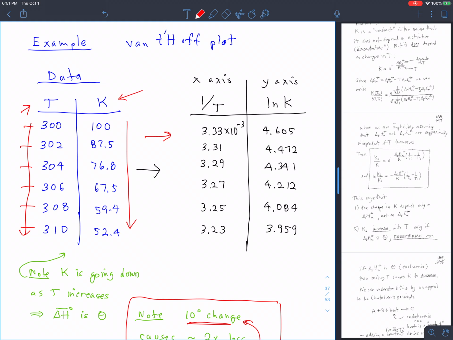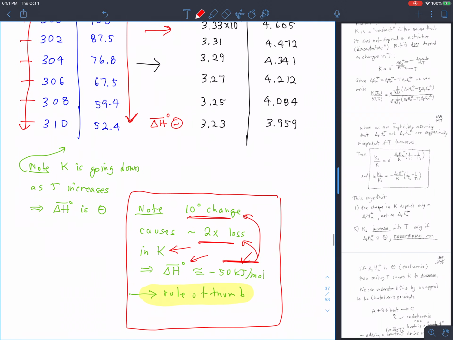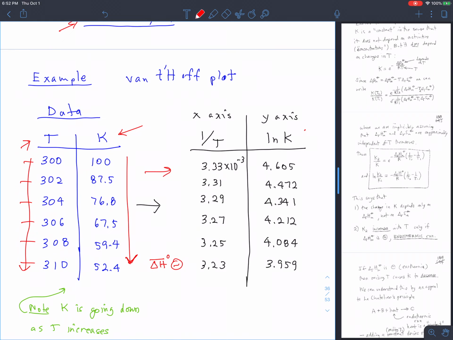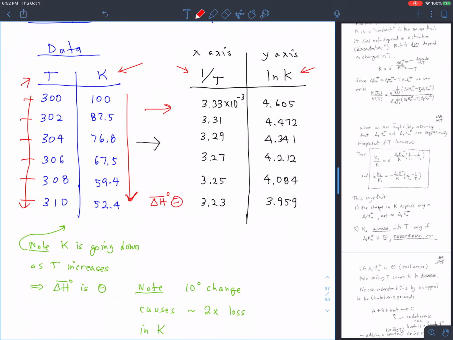Notice that as the temperature is increasing, K is going down, so we know delta H0 is a negative value. This is an exothermic reaction. If we want to make a Van 't Hoff plot, however, we know that we need to plot log of K on the y-axis and 1 over T on the x-axis, so I used these data to make a new pair of columns.